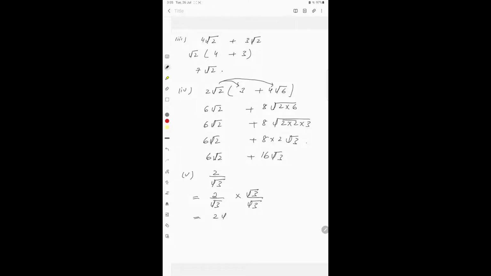Numerator gets multiplied by the numerator, denominator gets multiplied by the denominator, and this will be 2 under root 3 over 3, and this is my final answer.